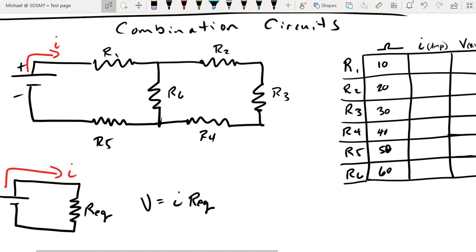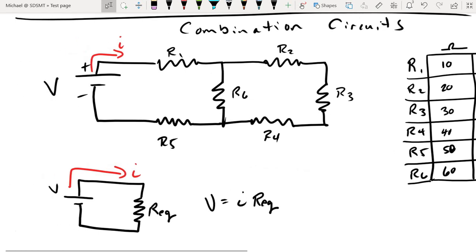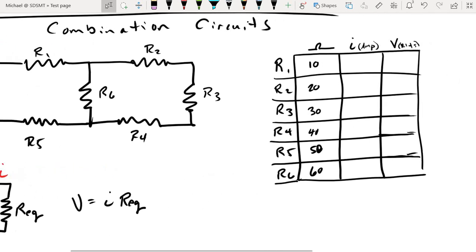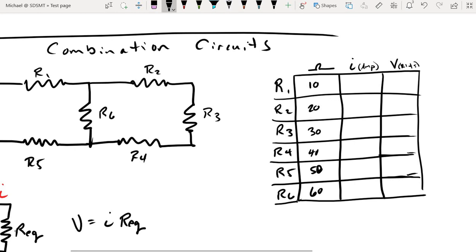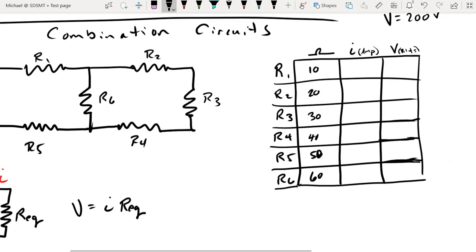Okay, so I have all the resistor values. I also need a value for the battery, and I'm going to assign a rather large value to the battery. I'll say 200 volts, so we don't get a lot of really small numbers along the way.